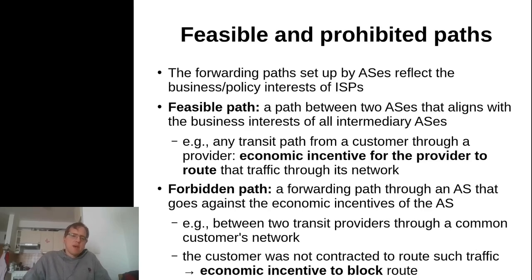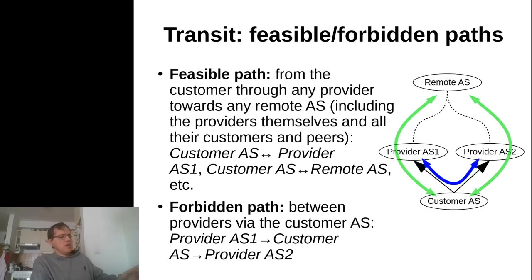The forbidden path, in contrast, is a path whereby there will be at least one intermediary AS along the path that will not be interested in forwarding traffic along that path, so this will go against the economic incentives of at least one AS along the path. We're going to see examples in a minute.